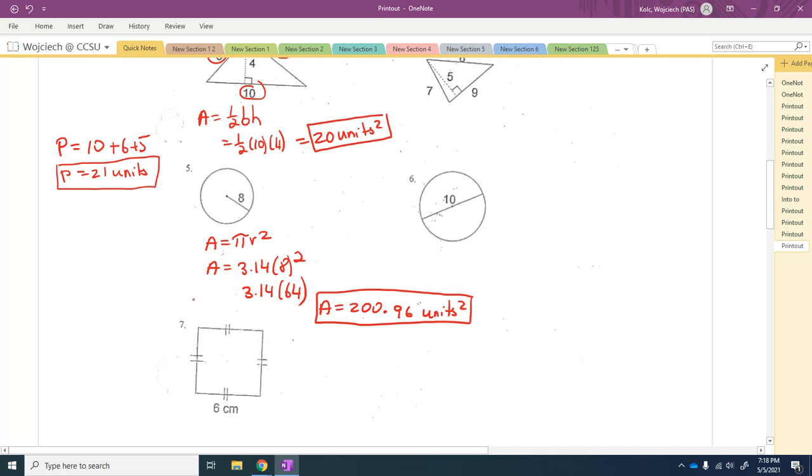The circumference for this problem will be 2 pi r, which is 2 times 3.14 times 8. If you do it, it's about 50.24. Circumference will be just units.